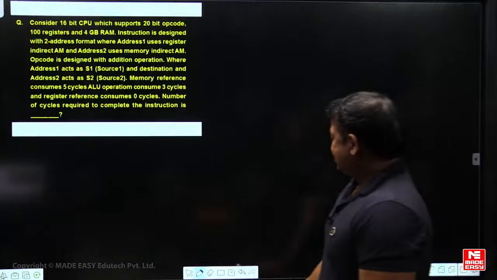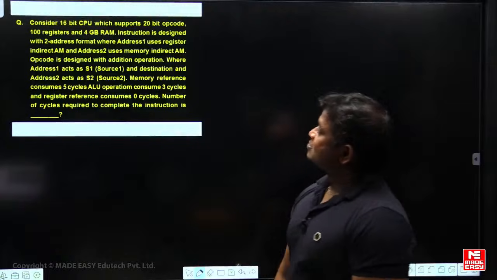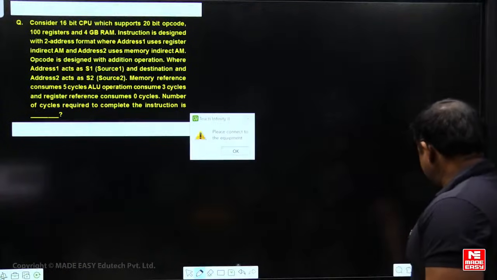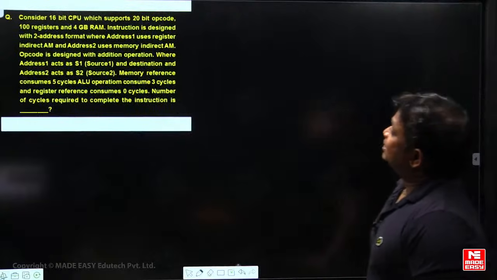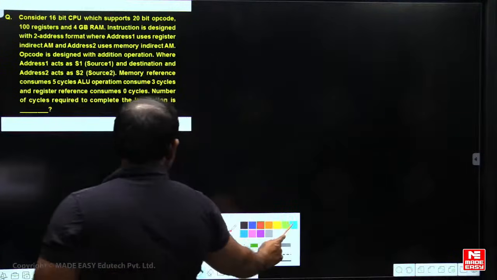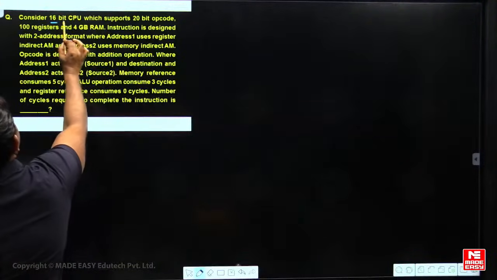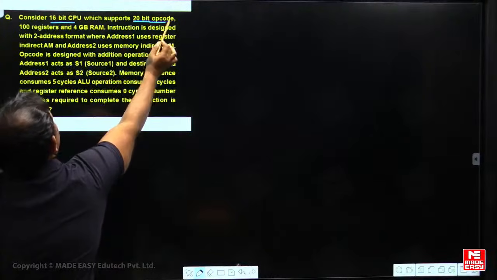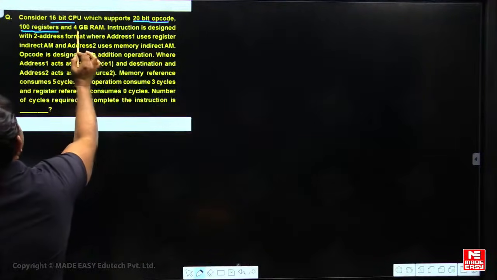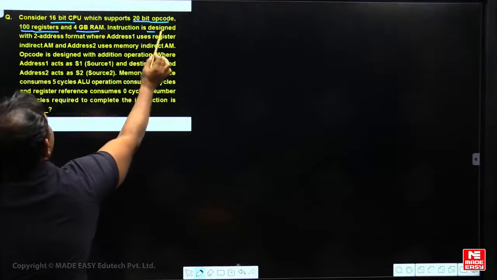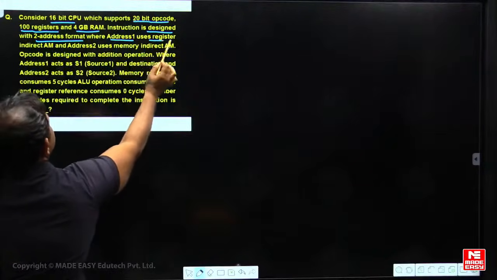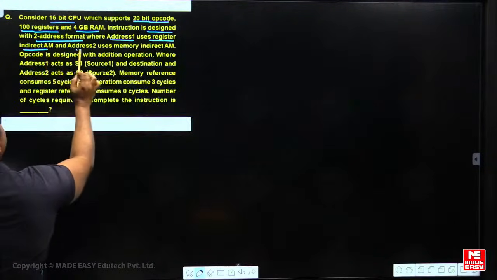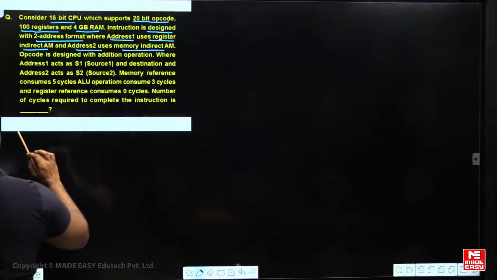Now verify this question. Consider a 16-bit CPU which supports 20-bit opcode, 100 registers, 4 GB RAM. The instruction is designed with address format. Address 1 uses register indirect mode. Address 2 uses memory indirect mode.